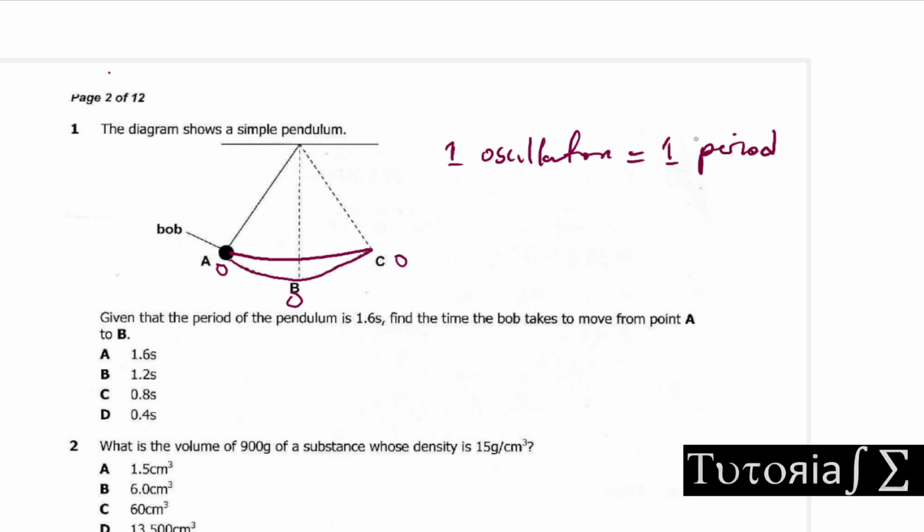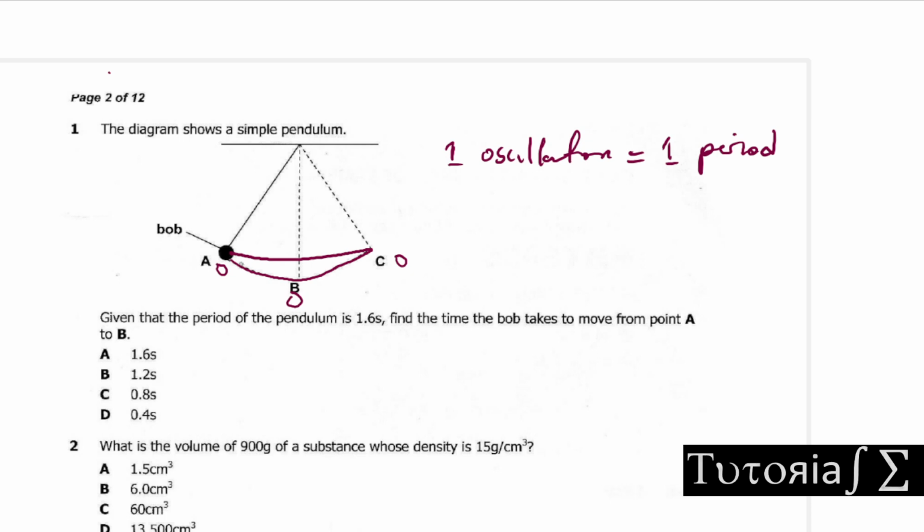A period is the time taken to complete one oscillation. So when it moves from A to B to C, back to B, back to A, it has made one period, which is just one oscillation.